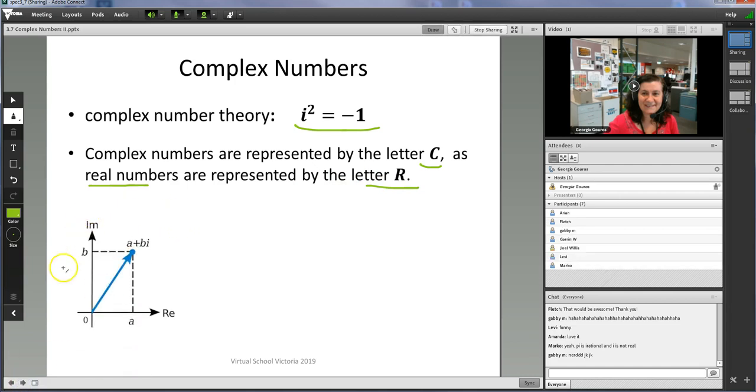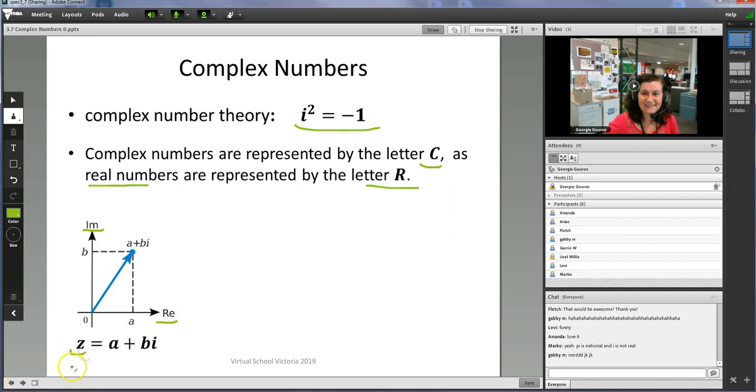And we have a way of representing imaginary numbers on an Argand plane. So the horizontal axis represents the real component of the complex number, and the vertical axis represents the imaginary part of a complex number. So we can represent a plus bi as having two components, a real component and an imaginary component.